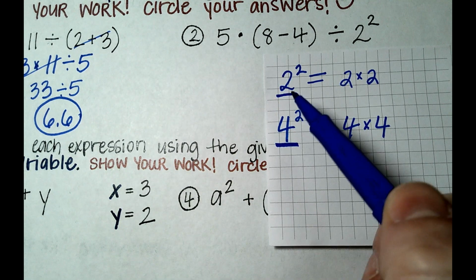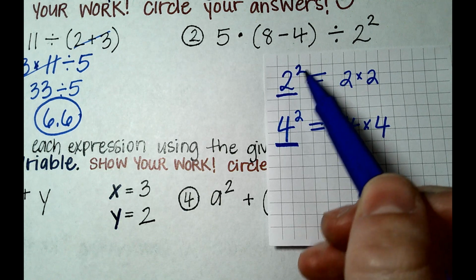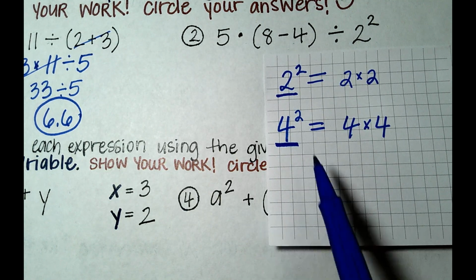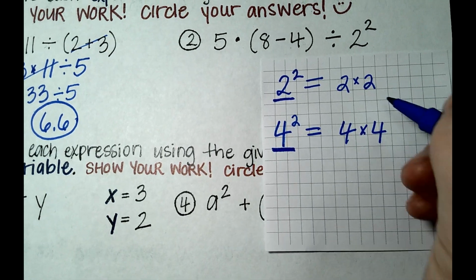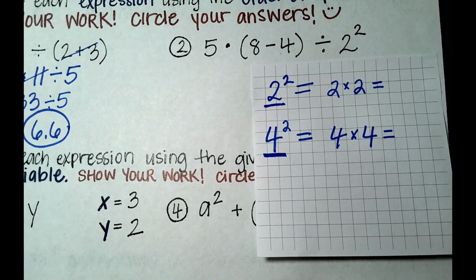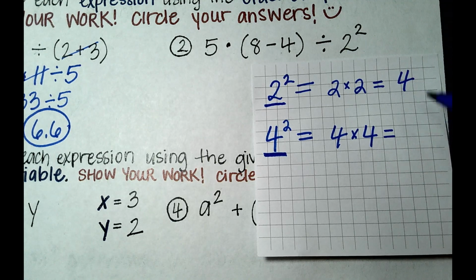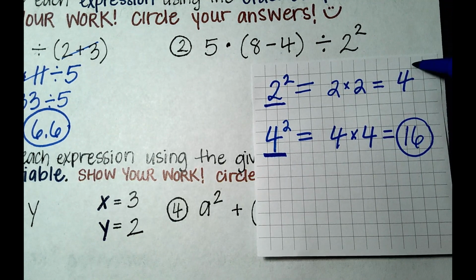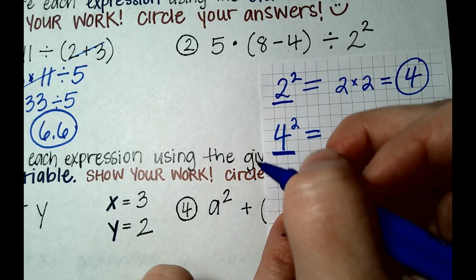So it's not just that number times the little 2. It is that number times itself. So I'm writing 4 twice. And let's see, what would these answers be? What is 2 times 2? 4. What is 4 times 4? 16. Good.